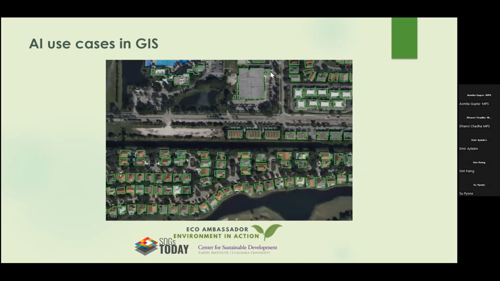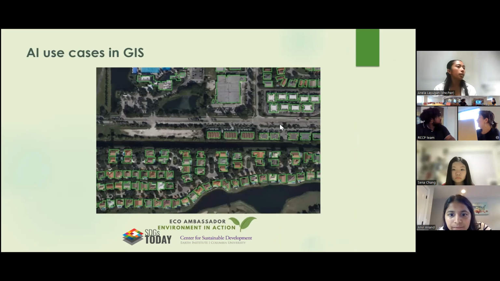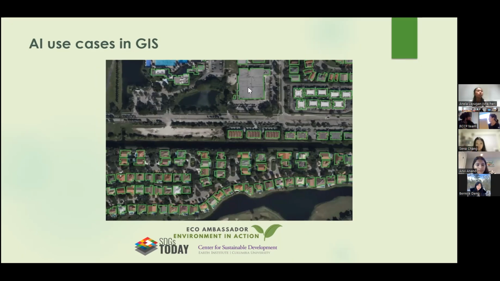From that training data, can you outline the rest of the buildings in this image? So that is a pretty binary case of this is a building or this is not. And that's a pretty widely used application of AI in GIS and satellite imagery analysis.